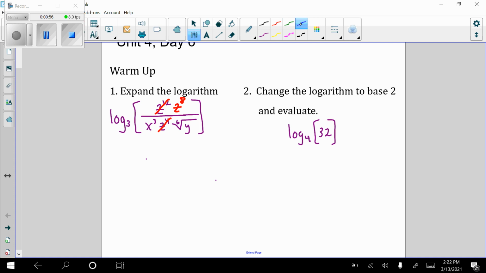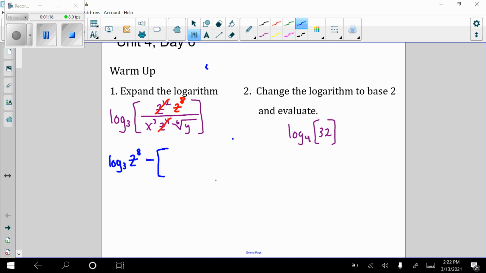Okay, so now I'm going to apply my quotient property. So I have log base 3 of z to the 8th minus, and remember from yesterday, I need to put this in brackets since I have multiplication on the bottom.